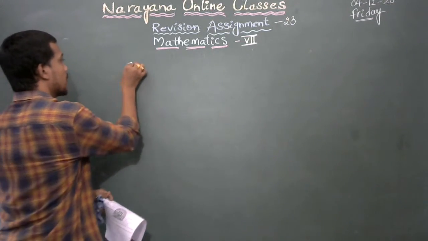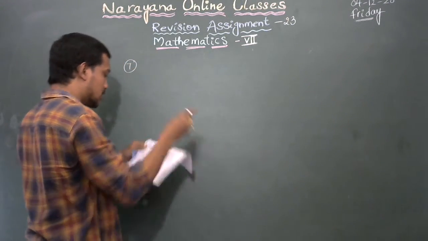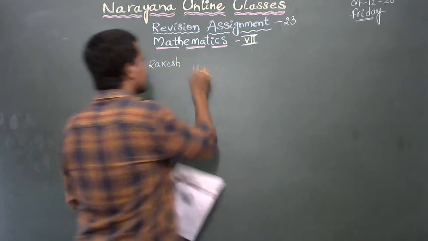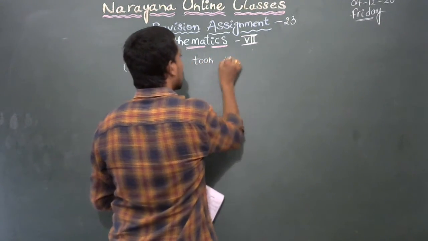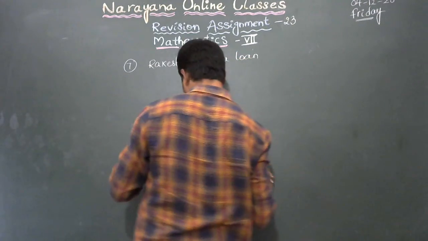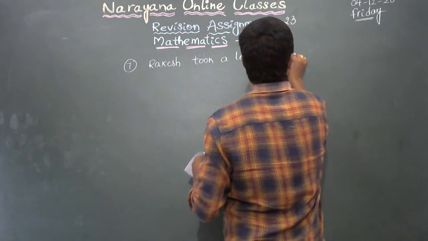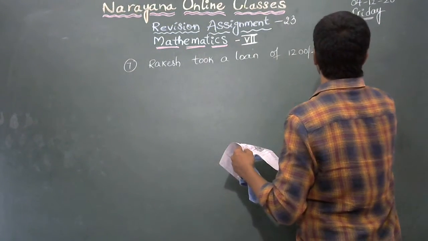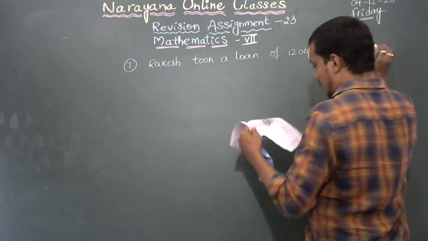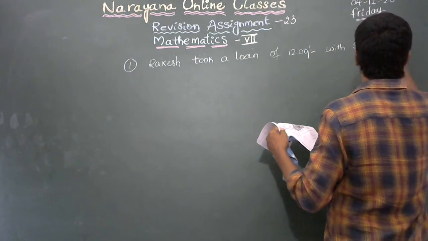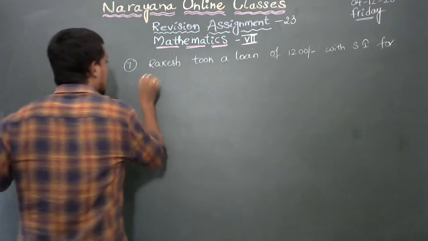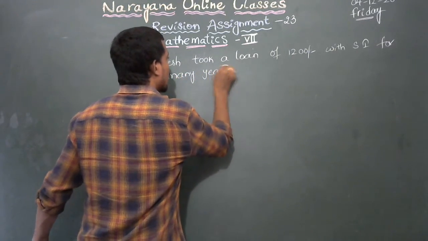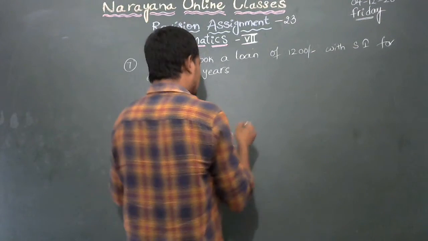Now the seventh one. Rakesh took a loan of 1200 rupees with simple interest for as many years as the rate of interest.